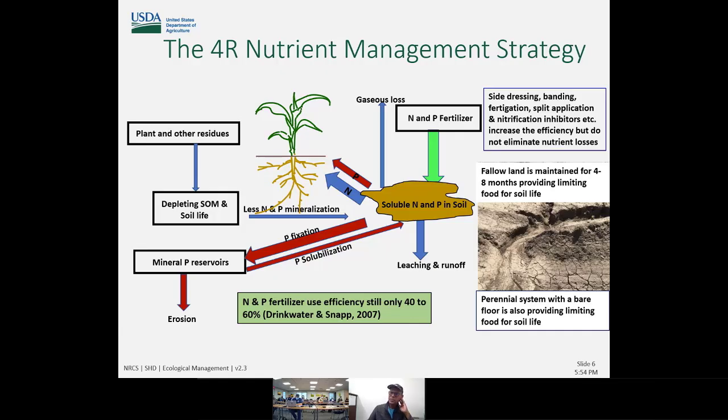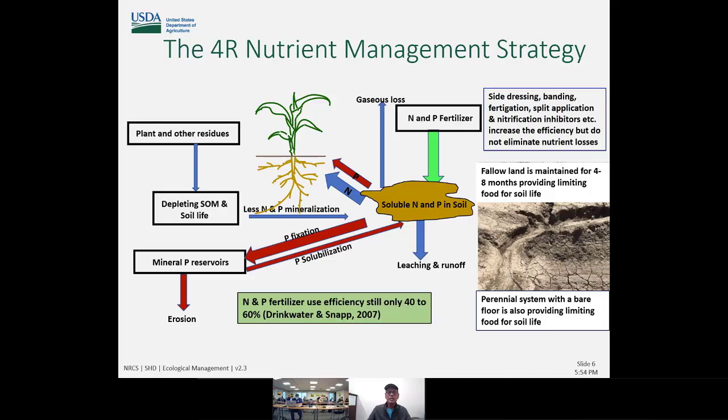Do people also know about the 4R strategy? I'm sure you know about this, right? The 4R strategy, what is it? Those are right source, right rate, right time, and right placement of nutrient. So these are the 4 strategies they actually use to increase the efficiency of nutrient in the soil.